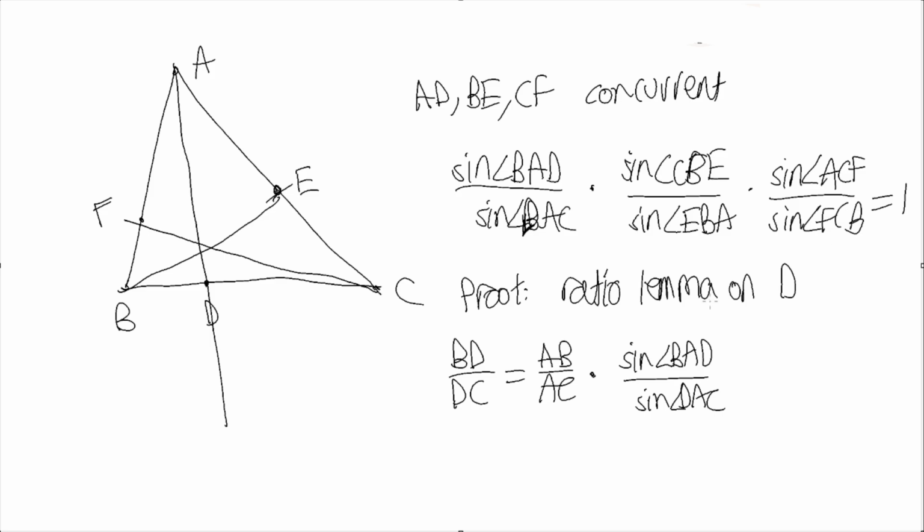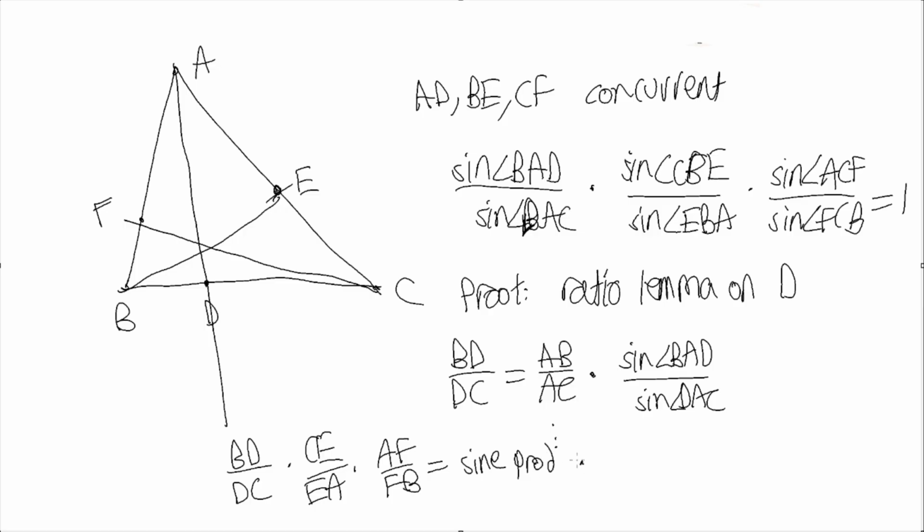So if we multiply them all together, we end up getting BD over DC times CE over EA times AF over FB is equal to the sine product, times the extra factors in front. So AB over AC times BC over AB times BC over AC.